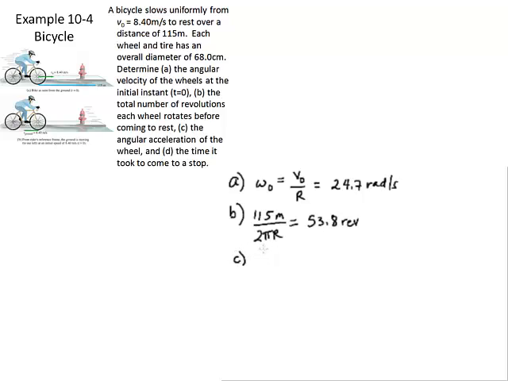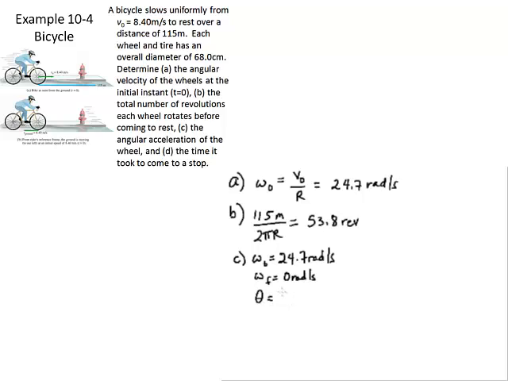In part C, we're looking for the angular acceleration of the wheel, and so we know that omega naught is equal to 24.7 radians per second. We know omega final is equal to 0 radians per second, and we have to figure out how far it goes through, delta theta.